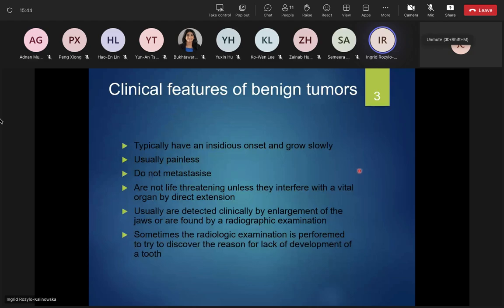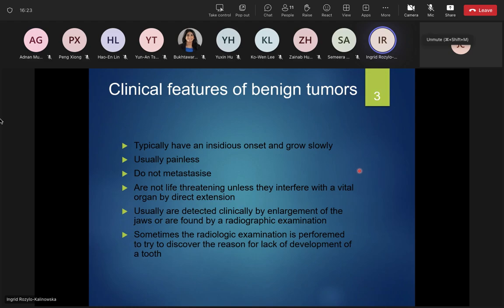When they are found as incidental findings, in many cases the patient will not be able to tell when they started. Patients may tell you when they first noticed, for example, some kind of swelling. Usually they are painless, and they are not life-threatening unless they grow in vital areas and compromise, for example, the upper respiratory airway.